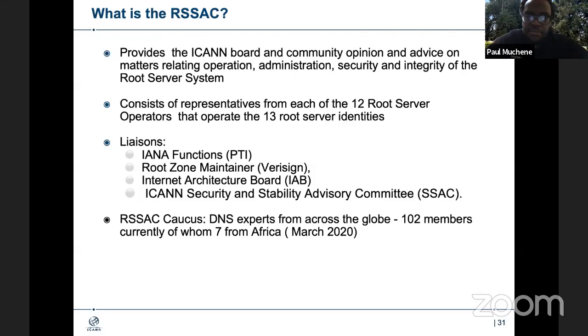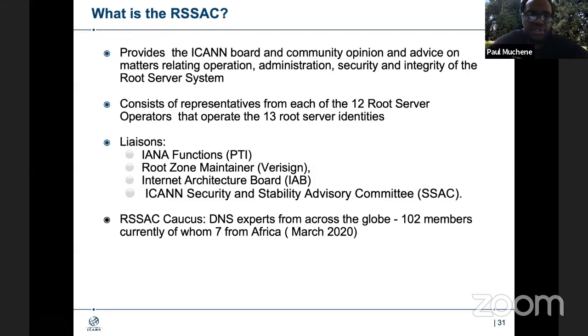However, at the same time in RSSAC, you have what you call liaisons. These are parties that are external to the root server operators that work hand in hand with the RSSAC in order to ensure that the integrity, the security, and the resiliency of the root server system as a whole is managed and technically robust.